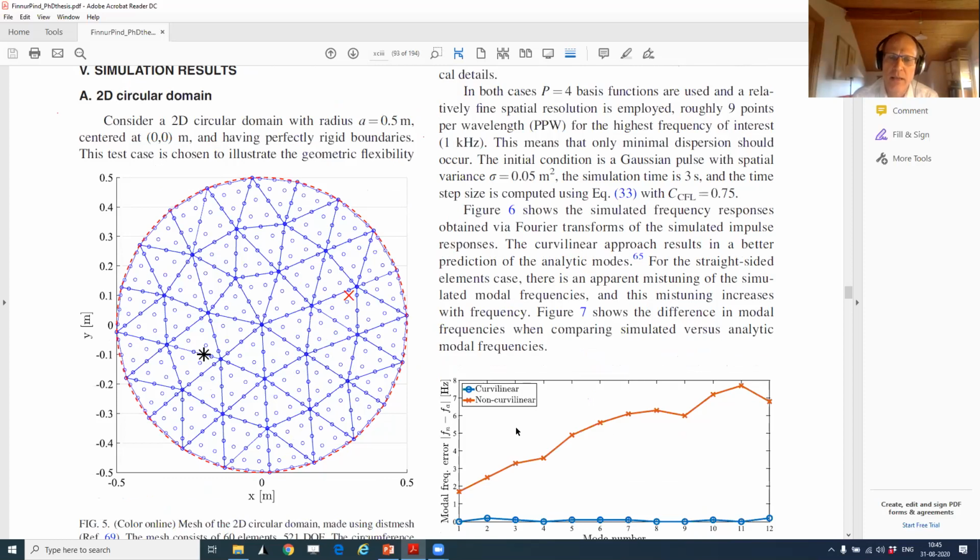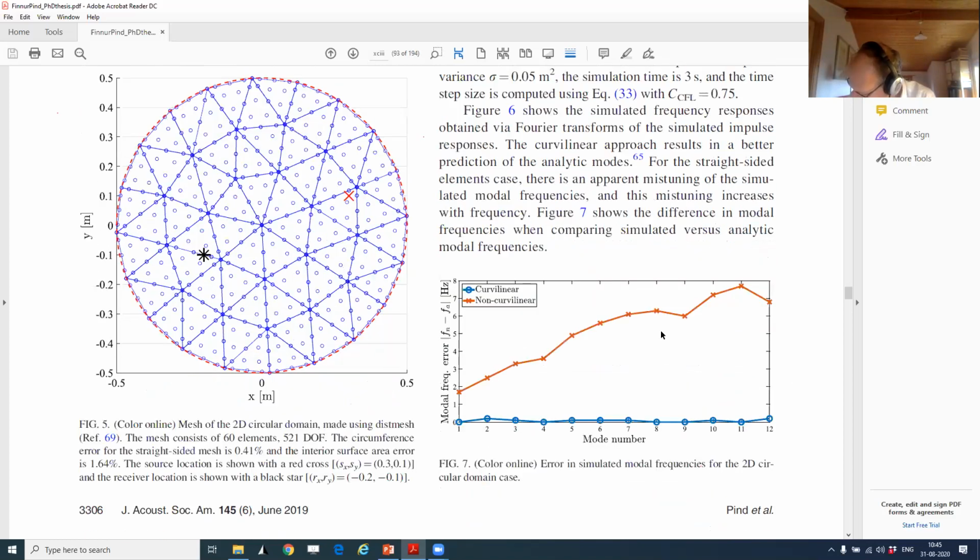So the results in figure 7 could be made much better, because it seems like when you make straight-sided elements, you always get a total area slightly smaller than the circle, but the curvilinear elements get the right area. If I would have done this, I would have scaled the straight-sided element model slightly outwards to get a slightly bigger radius, so that the total area would be maintained or would be correct.